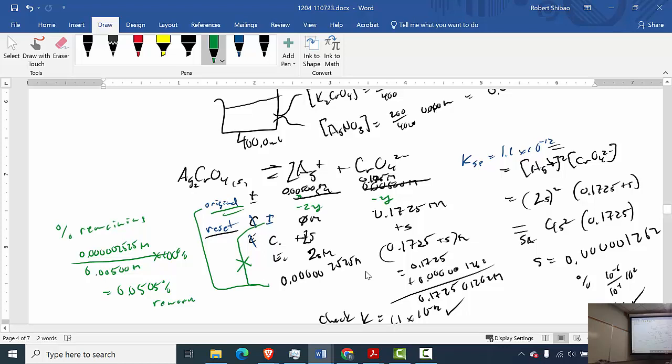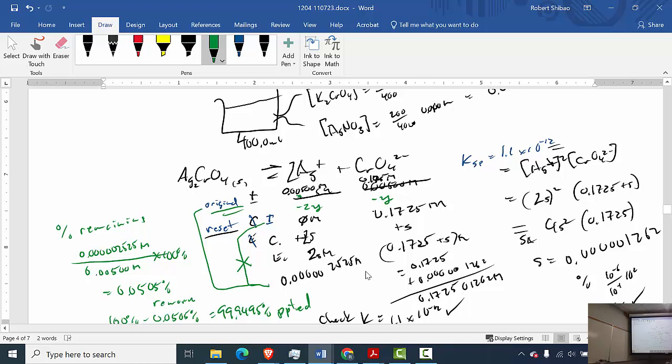How much precipitated would be 100% minus that percent remaining, which gives us 99.9495% of the original precipitated.